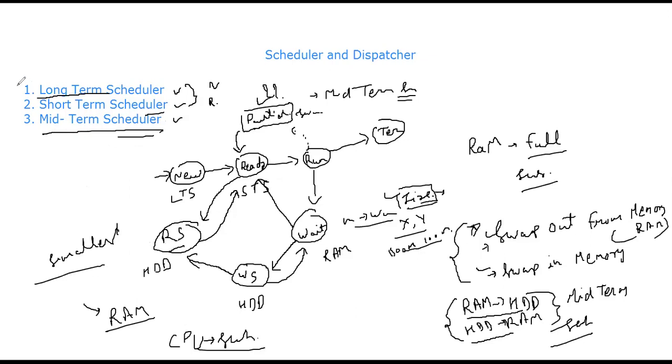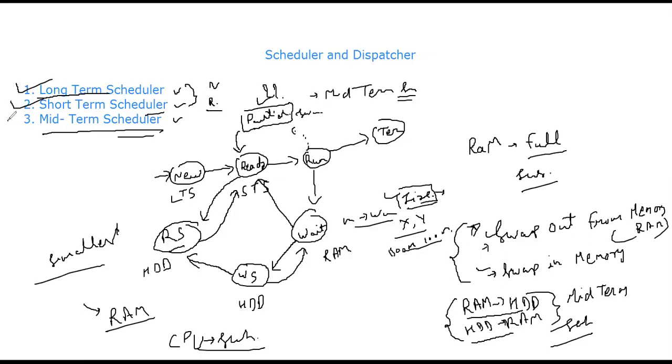One by one, again: the long-term scheduler is used for processes which are newly created and which you want to send into the ready state. The short-term scheduler is used to send processes to the CPU. So be careful: the scheduler does not send processes to the CPU, it only selects processes from the ready state.